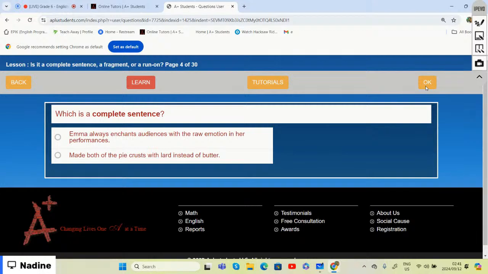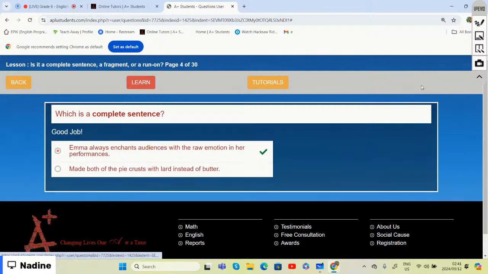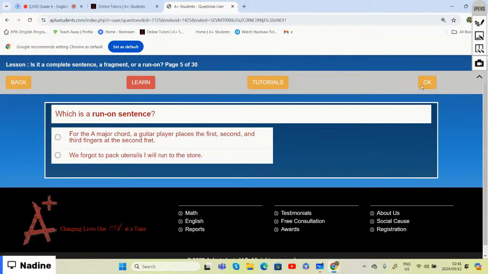Option 1 or option 2. And if we were to choose our correct option, then yes, we will choose option 1 again. Well done. Option 1 again is correct.